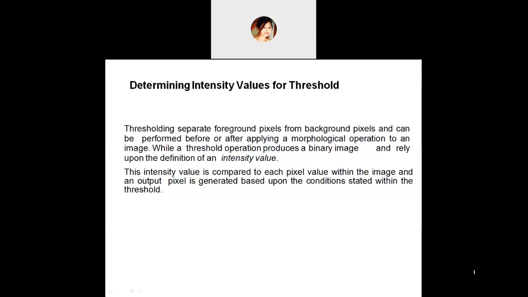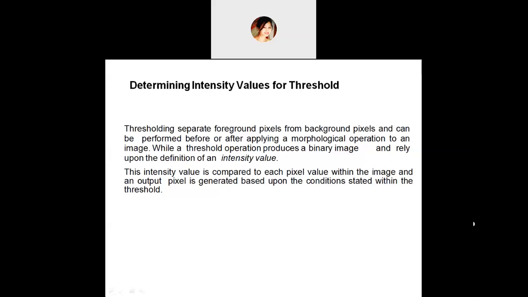That is when we talk about a thresholded image. The intensity value is compared with each pixel within the input image, and then an output pixel or the output image is generated, taking into account the conditions stated within the threshold.